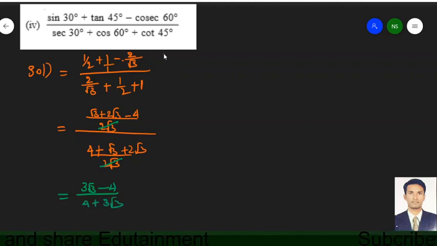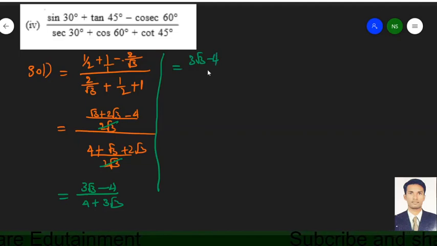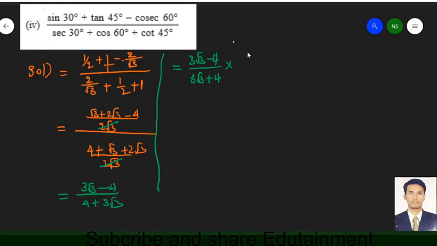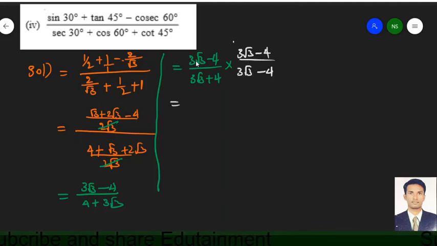Okay, let us rationalize the denominator again here. 3 root 3 minus 4 divided by 3 root 3 plus 4. I am trying to rationalize the denominator. 3 root 3 minus 4 divided by 3 root 3 minus 4. 3 root 3 minus 4 into 3 root 3 minus 4, we can use here the a minus b whole square formula, which is a square minus 2ab plus b square.